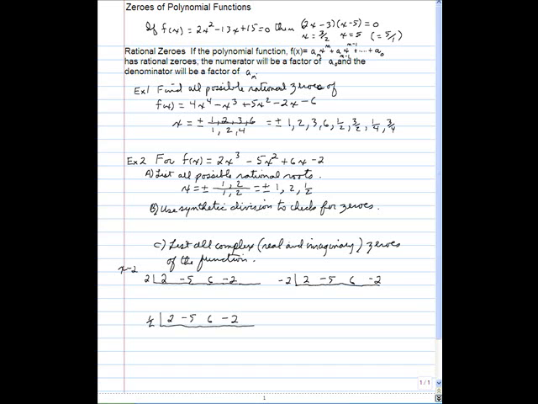Well, if I go to my first possible zero, that's positive 1, I don't really need synthetic division to check positive 1. I could just plug that in and see if I get a 0. So if I plugged a 1 here, I'd get 2, minus 5 would be negative 3, plus 6 would be positive 3, minus 2 would be 1.